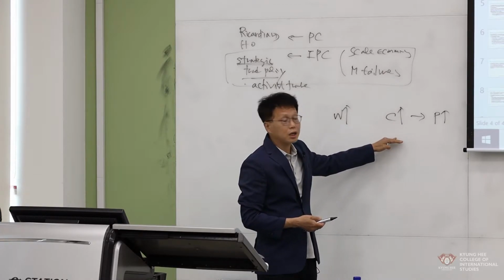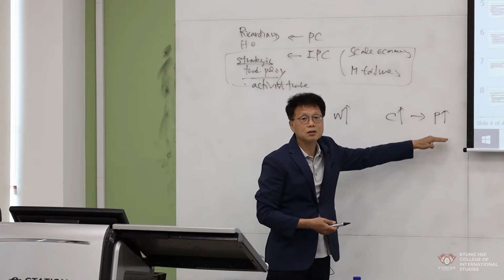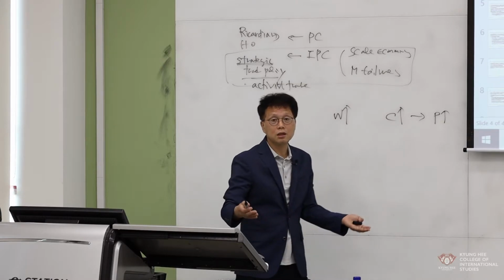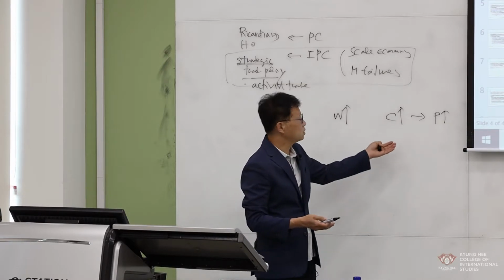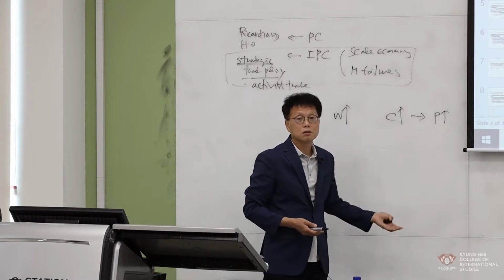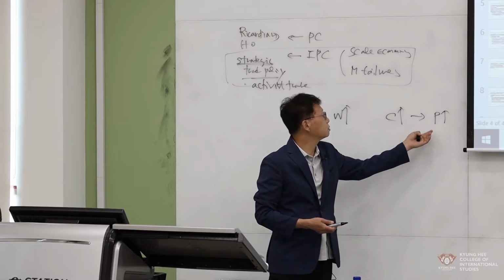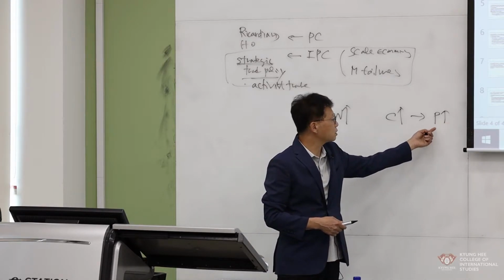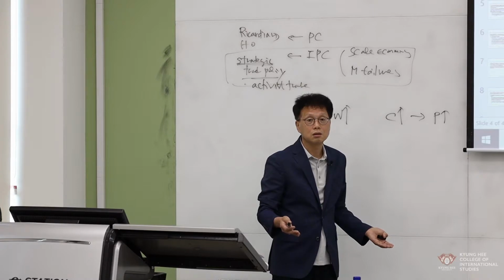Then they have to sell at a higher price than before. It's the same as the low wage issue, right? Then consumers do not want to purchase developing countries' products at a higher price.